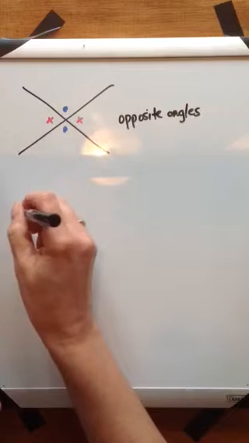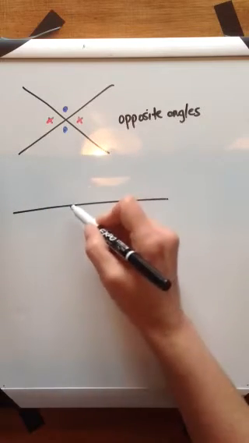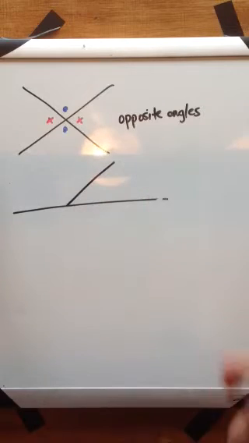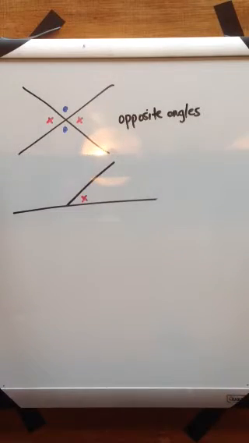Another relationship that we already know about is that if we have a straight line, maybe like an x-axis, although it doesn't have to be orientated as such, and if we have another line go up like this, we know that there is a relationship between the red x angle and the blue x angle.